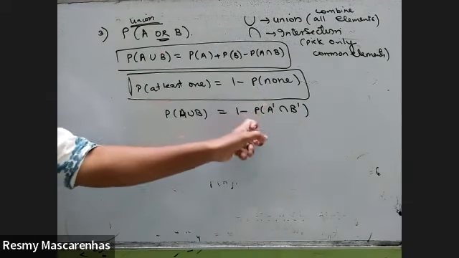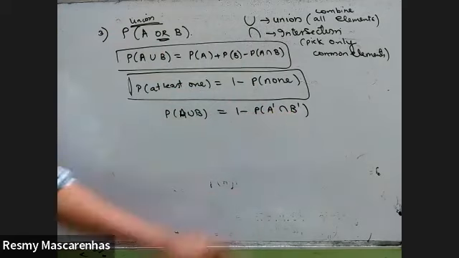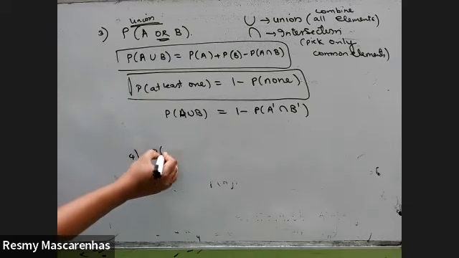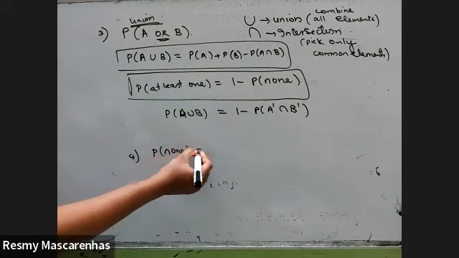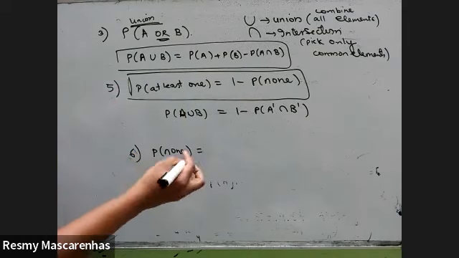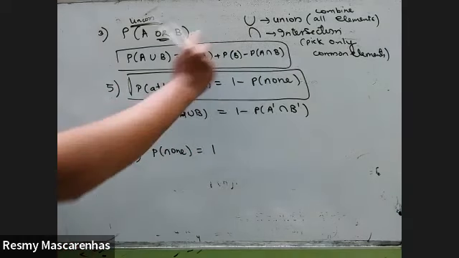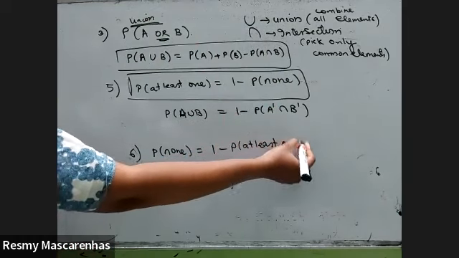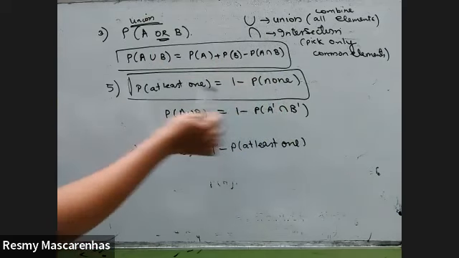Probability of at least one is 1 minus none, meaning neither A nor B. Same way, probability of none, we will make it the opposite. This name is fifth one. This you put as sixth. Probability of none. What is probability of none? 1 minus probability of at least one. The formula will reverse. If this is here, this will go here.